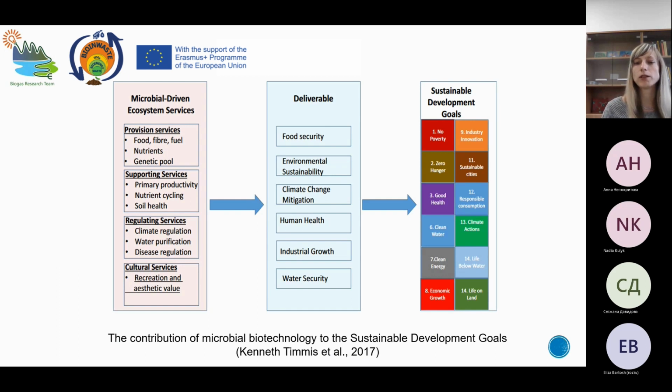sustainable development goals, a sustainable approach to the growth of our society, and of course biotechnology can be involved in this processing. We can see different ecosystem services that biotechnology provides, how it's connected with deliverables about food security, sustainability, climate change, migration, human health, water security, industrial growth, and how it's connecting with such sustainable development goals. And it really has a very rich, strong connection.